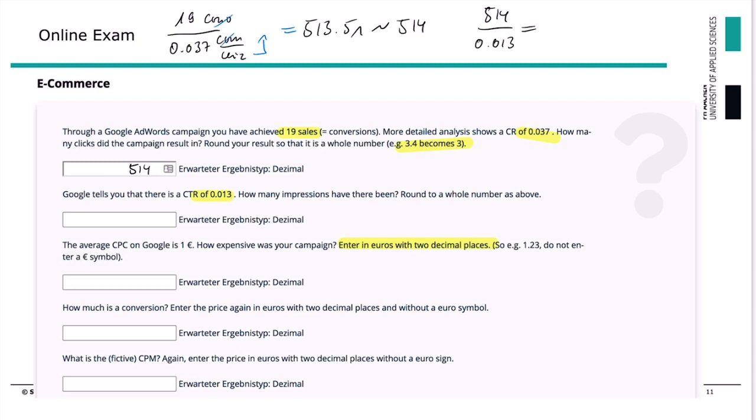That's what I'm doing right now, divided by 0.013. And I come up with 39,538.4. So I leave it with 39,538. This is already the rounded result. This one I'll enter in here.